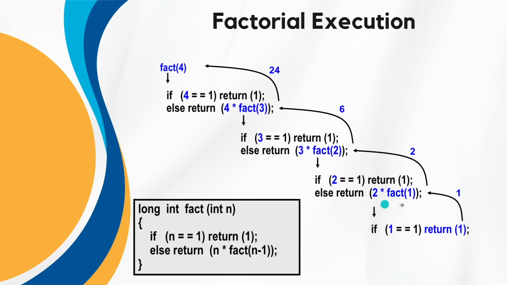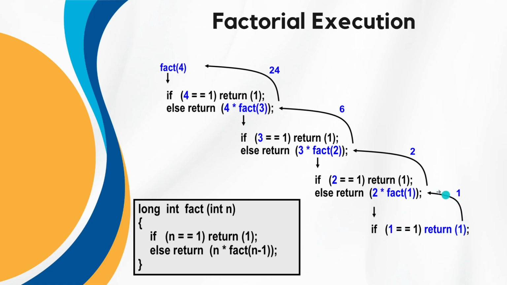So we push this statement also onto stack, and at last we make a call to the function named fact with 1 as the argument. Now we check whether 1 is equal to 1. Now the condition is true. So we return a value of 1. So now we have got the result for fact of 1, which is 1.